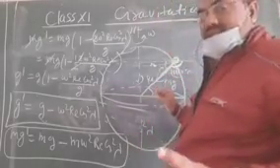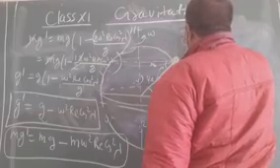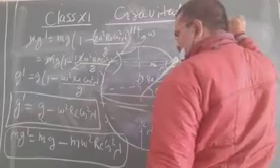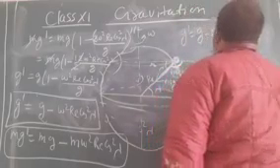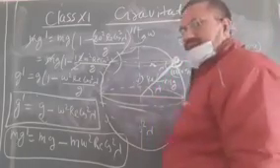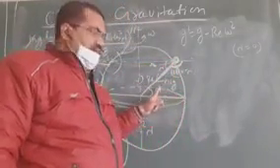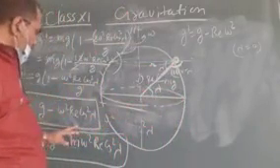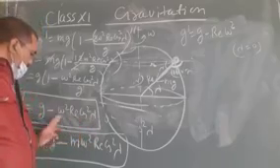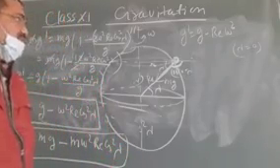What is g at the equator? At the equator, put lambda equal to 0, so cos 0 equals 1. We get g dash equals g minus R omega square, which is g at the equator.